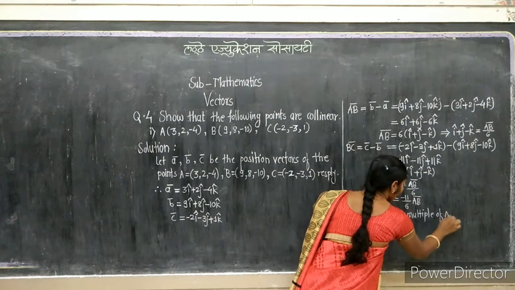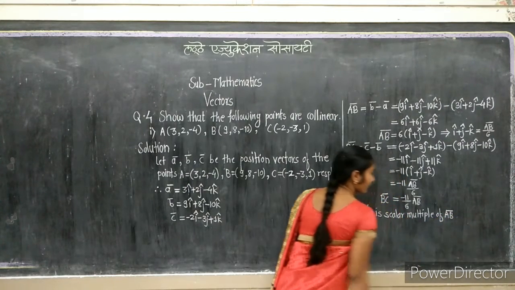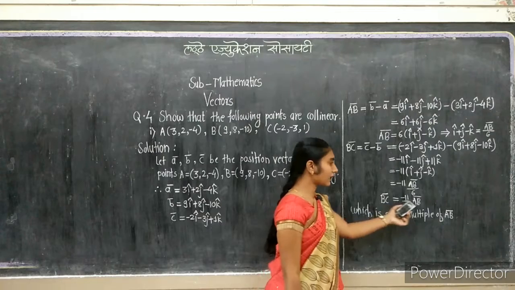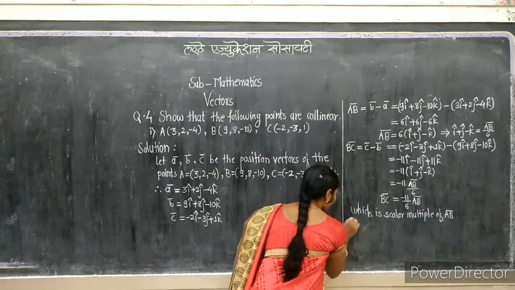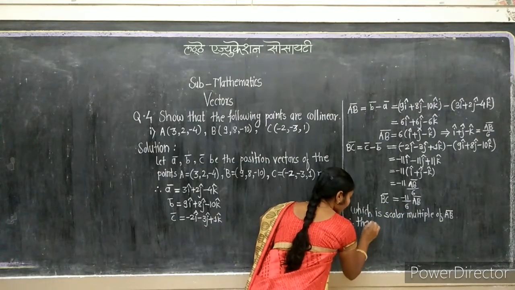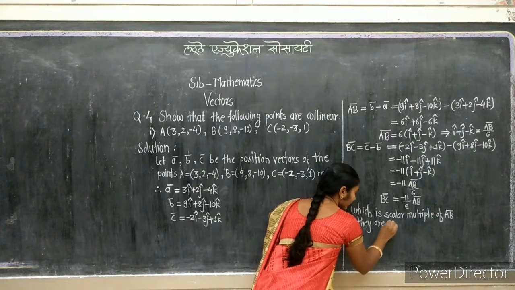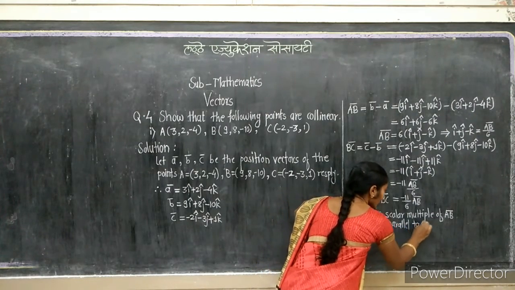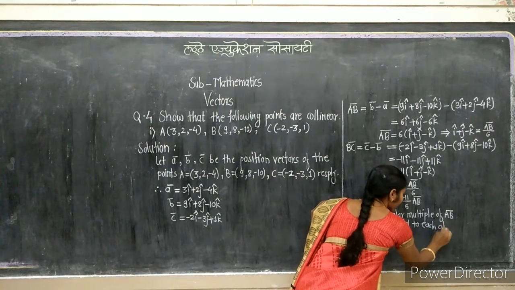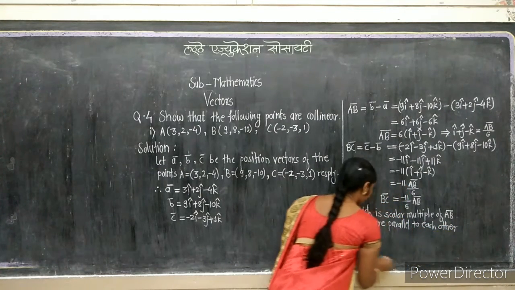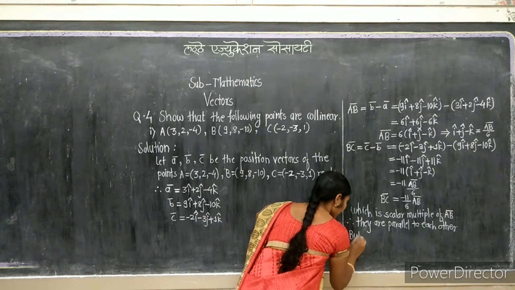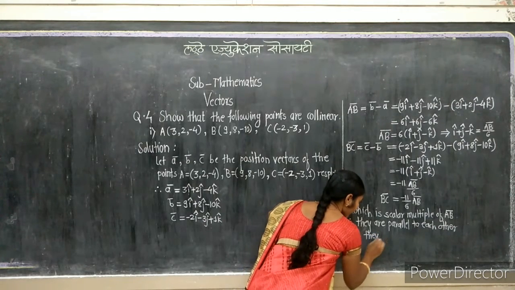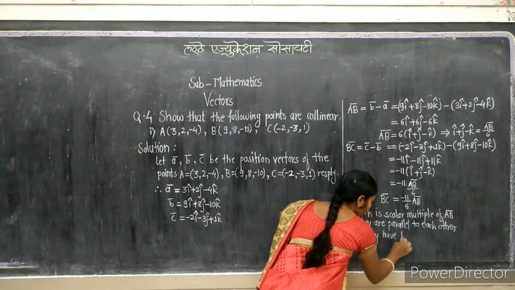BC bar is a scalar multiple of AB bar. Therefore, they are parallel to each other. But they have a common point.